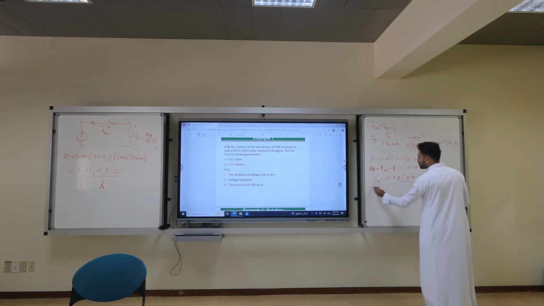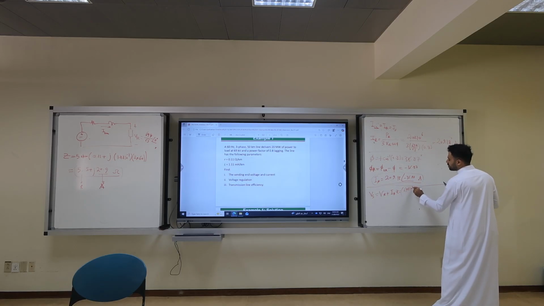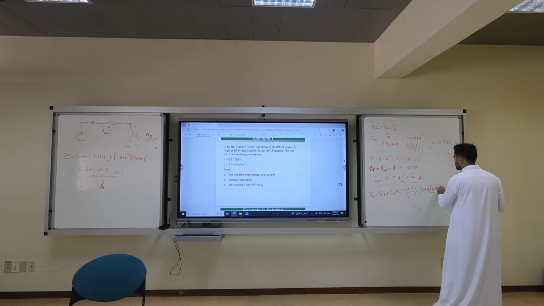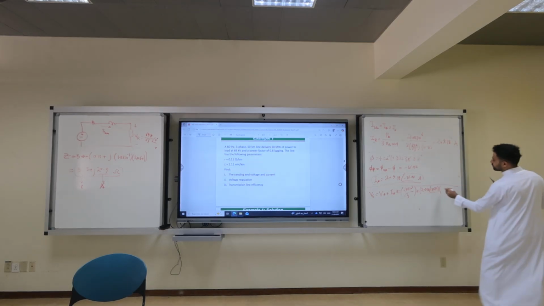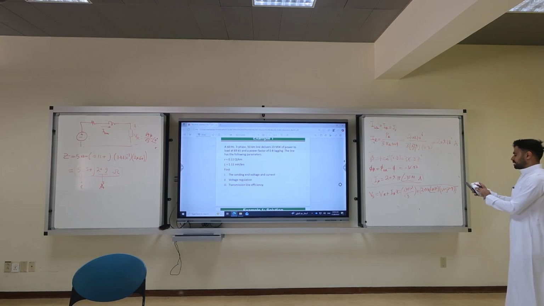Then what do we get? We should get VS equals VR plus IR times Z, which is 69 kilo divided by square root of 3 angle 0 plus 209.18 angle minus 36.87 times Z, which is 5.5 plus j 20.9. Let's do the math.